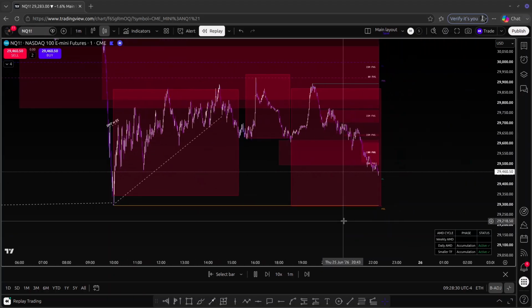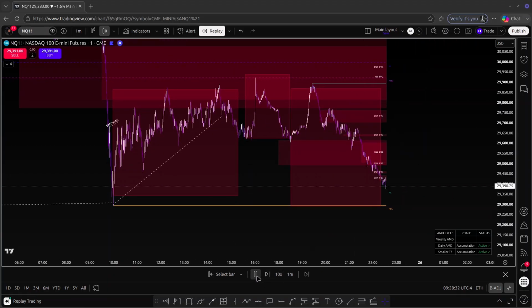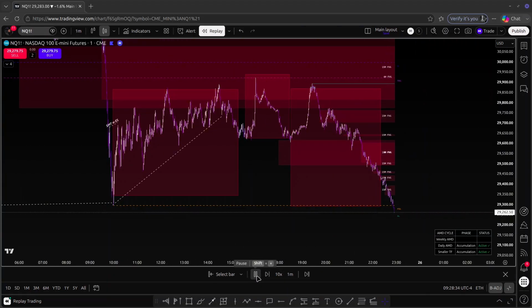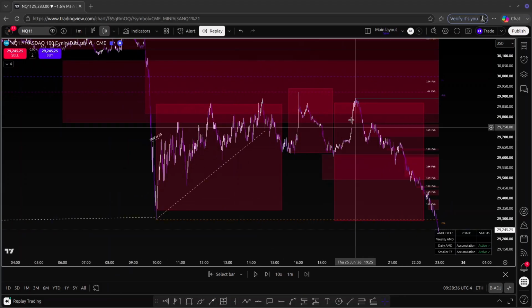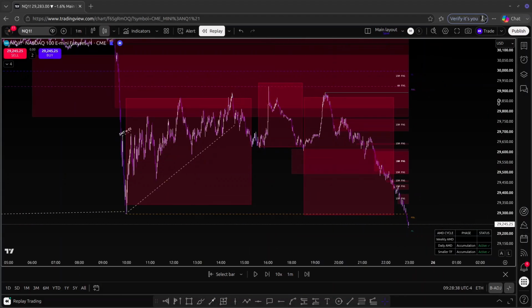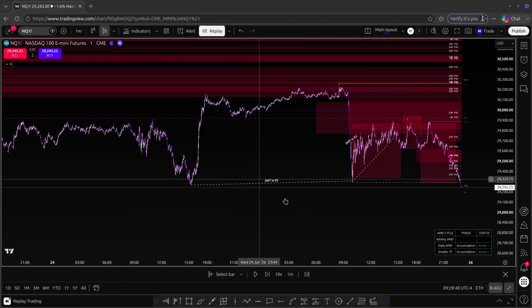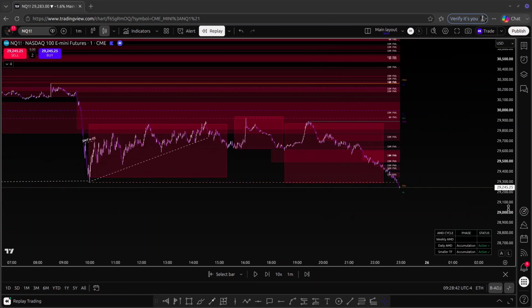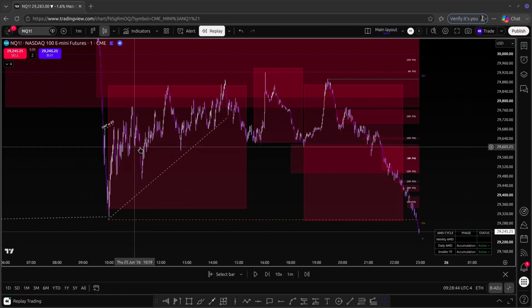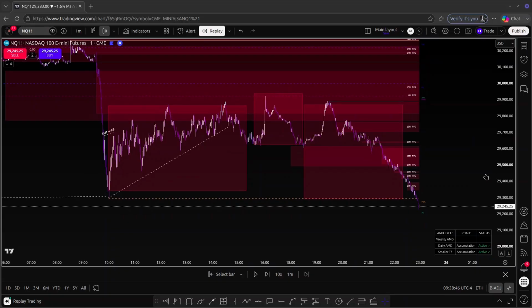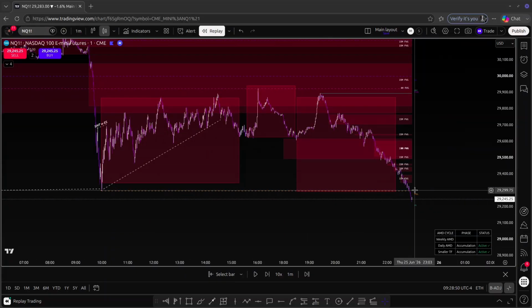Distribution, question mark. Market maker model inside of market maker model. My overall narrative that I was expecting right here was right. It's just the market needed to develop longer to then continue the actual move that I was expecting.